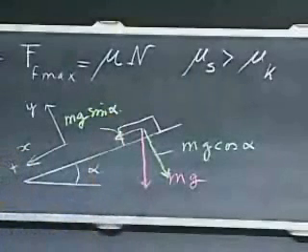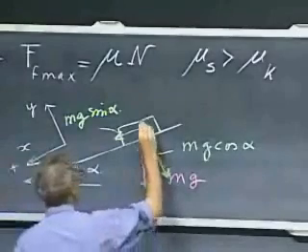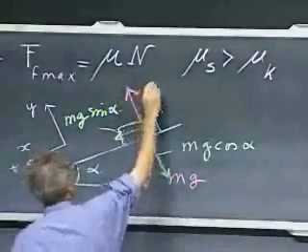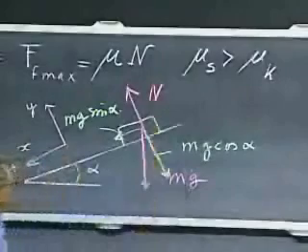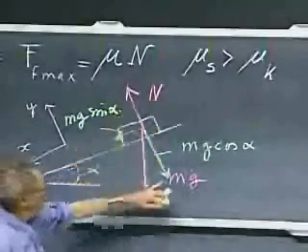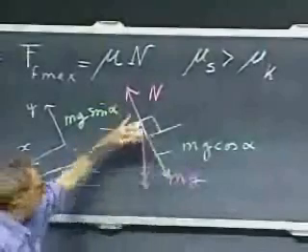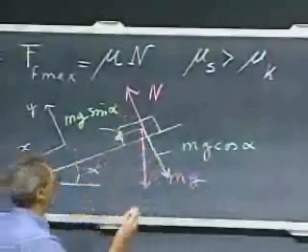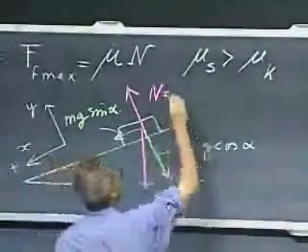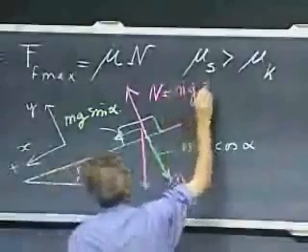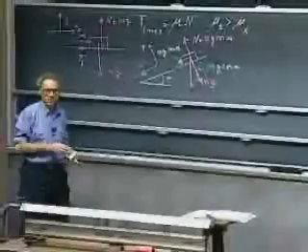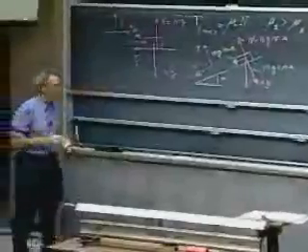There is no acceleration in the y direction, so I can be sure that the surface pushes back with a normal force N, and that normal force N must be exactly mg cosine alpha, because those are the only two forces in the y direction, and there's no acceleration in the y direction, so this one must be mg cosine alpha. Friction prevents it from doing so.